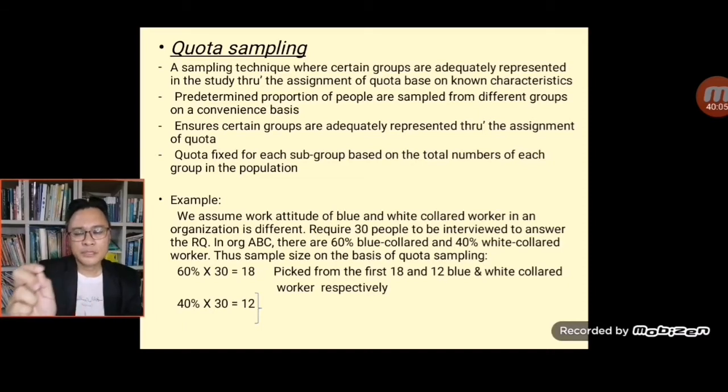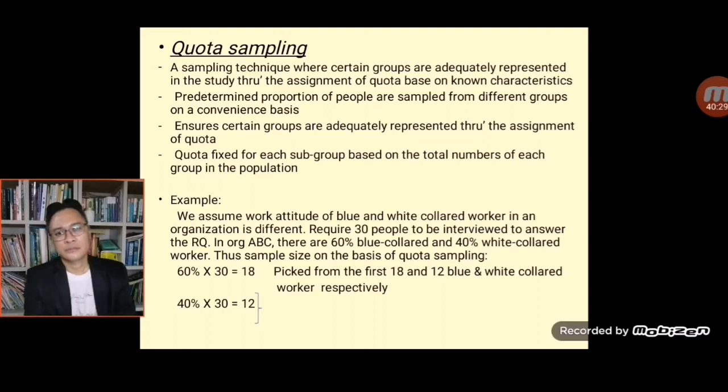So how many Malay, how many Chinese, how many Indian? So the proportion tu kena based on the general breakdown of ethnic in Malaysia. Contohlah katakan Malay population consists of 65%, the balance 35%.